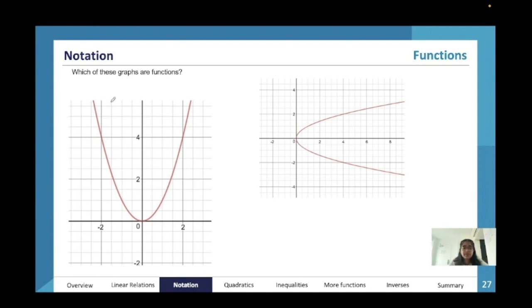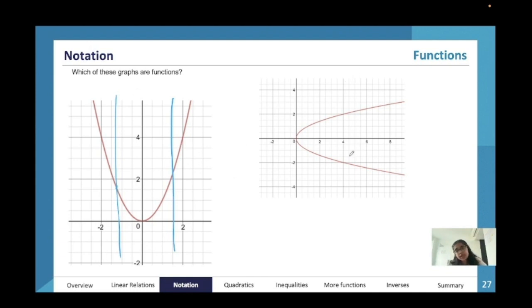So for example, let's see these two. Vertical line test intersects only once. So at any point on this graph, if you draw a vertical line, that vertical line is only going to intersect once. So this tells me that this is a function.